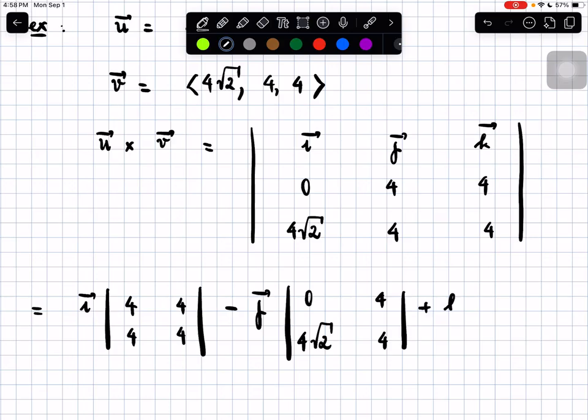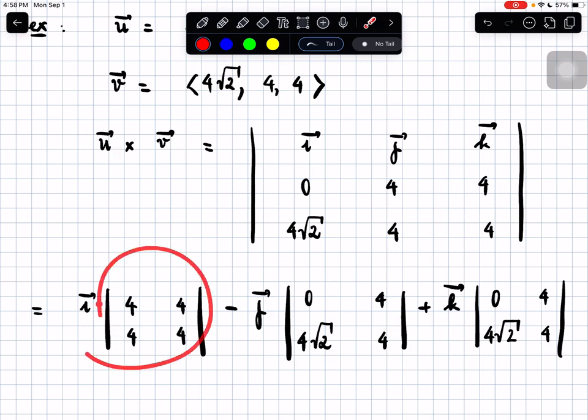And plus k: delete the row and column corresponding to k, and we have 0, 4, 4 root 2, 4. For the first matrix, the first row is the same as the second row, so it has determinant 0.